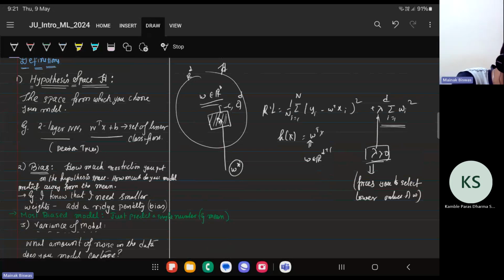So you can say that these models are high bias, versus these are called low bias models.